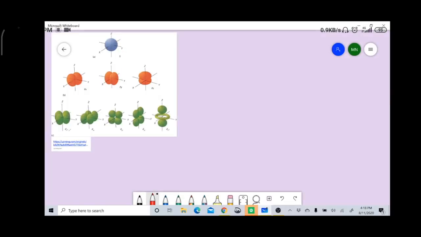Now, let us see how a coordinate bond is formed. In the central metal ion, there are inner d orbitals and outer s and p orbitals. In some metals, outer d orbitals are also used to make bonds with ligands.